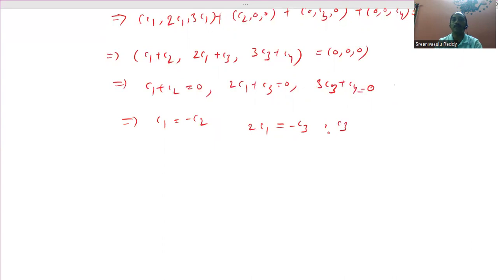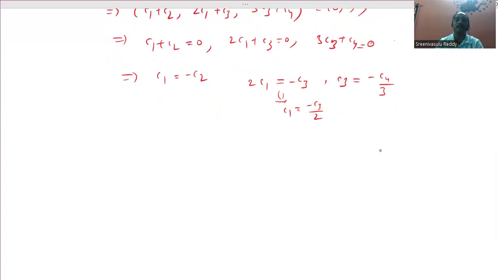From the third equation, C1 equals minus C4 by 3. Now, every value depends on C1. It means C1 equals minus C2, which equals minus C3 by 2, which equals minus C4 by 3.